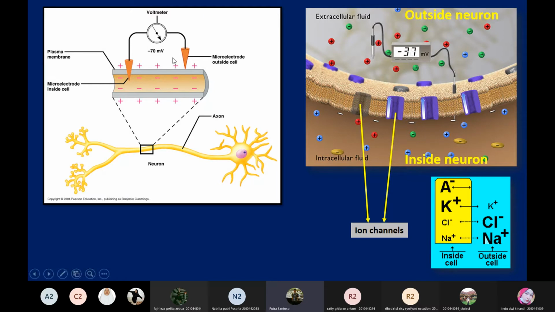Could you imagine from minus 70 millivolt to plus 20 millivolt? You should increase the voltage by about 90 millivolt. Jadi harus naik sampai 90 millivolt kan. Kalau minus 70 ke 0 itu sudah 70 millivolt, dari 0 ke 20 kan 20 lagi. So it means that these neurons could alter this voltage in a very short moment.